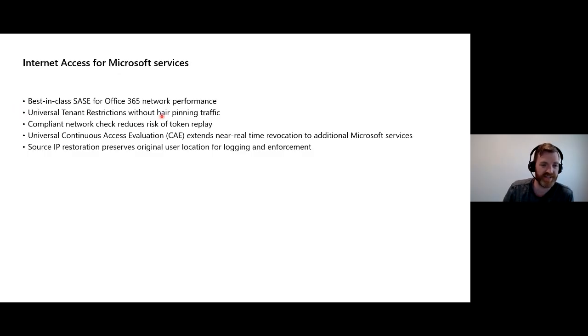Universal tenant restrictions eliminates the need to hairpin the traffic through your own network. You can enforce a compliant network check, not only on the Microsoft applications, but on any enterprise app that you have integrated with Entra ID. And this ensures that when I make authentication requests and get my tokens, those requests have to be done through Global Secure Access.